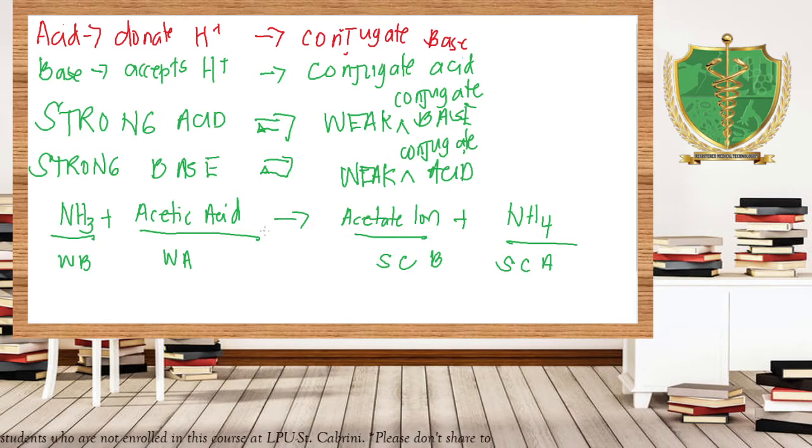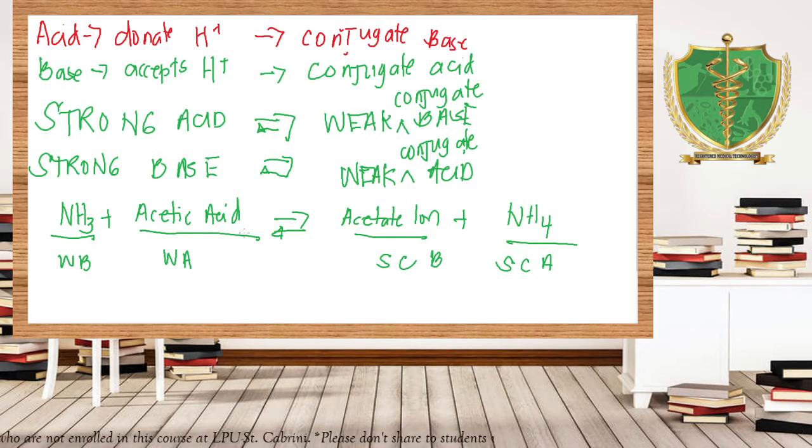Okay? On our learning management system, meron po akong pinakita doon or meron po akong table doon ng acid and base conjugates. And I want you to take note of that. There is an inverse relationship between strong base and the conjugate it produces.